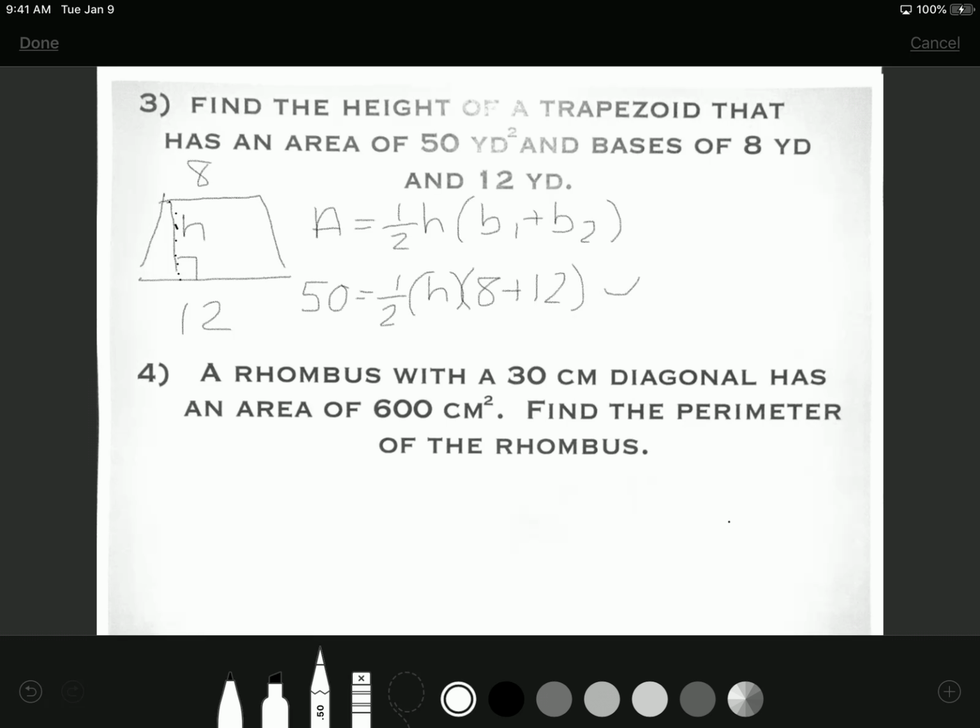So really what we have is 50 equals 10 times the height. If you divide by 10, you get 5 for your height. It's 5 yards for the height.